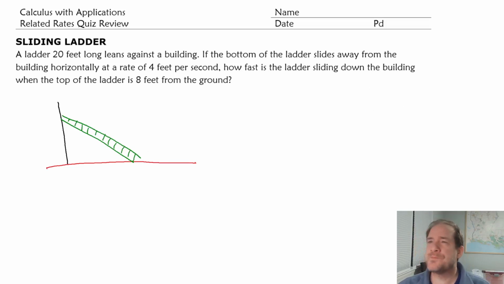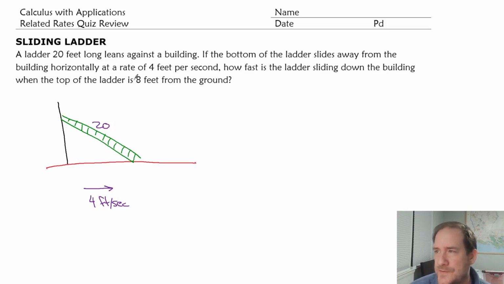So what do we know? It says the ladder's 20 feet. Fine, so there's that dimension. If the bottom of the ladder slides away from the building horizontally at a rate of 4 feet per second, that means this dimension, as we slip along the floor, is 4 feet per second. And no, it's not negative. I'm going that way, and that distance is getting bigger as I go, so it's positive 4.